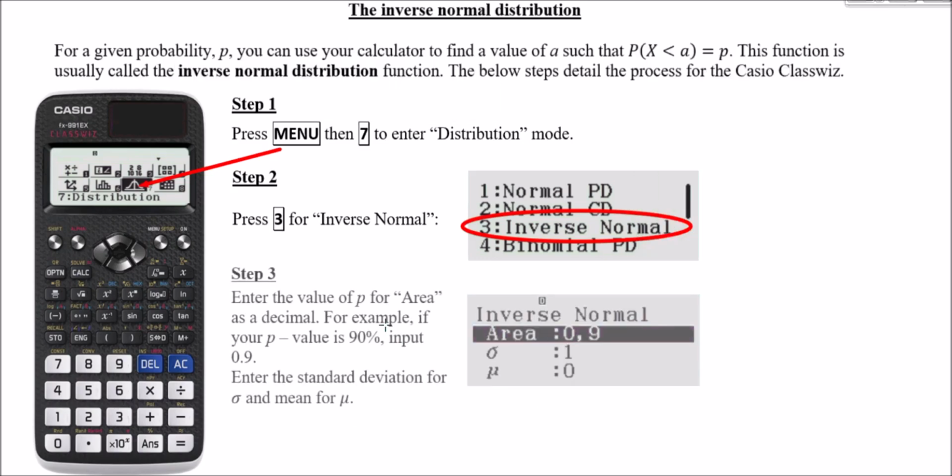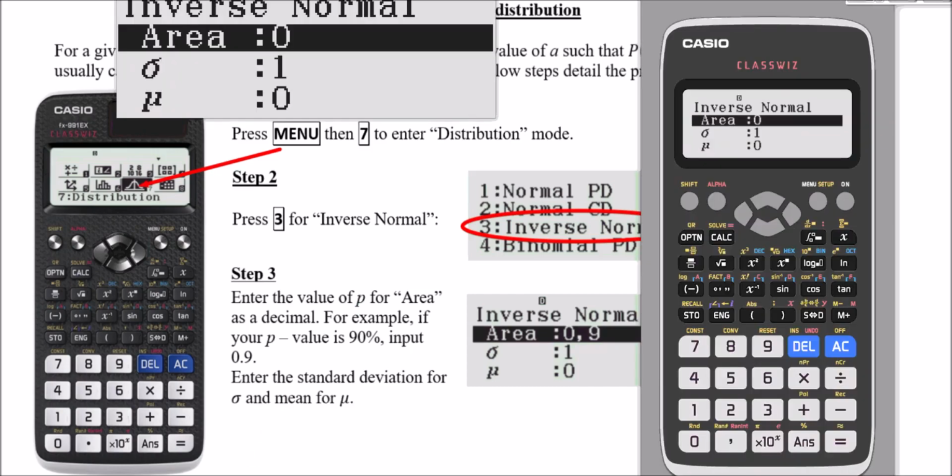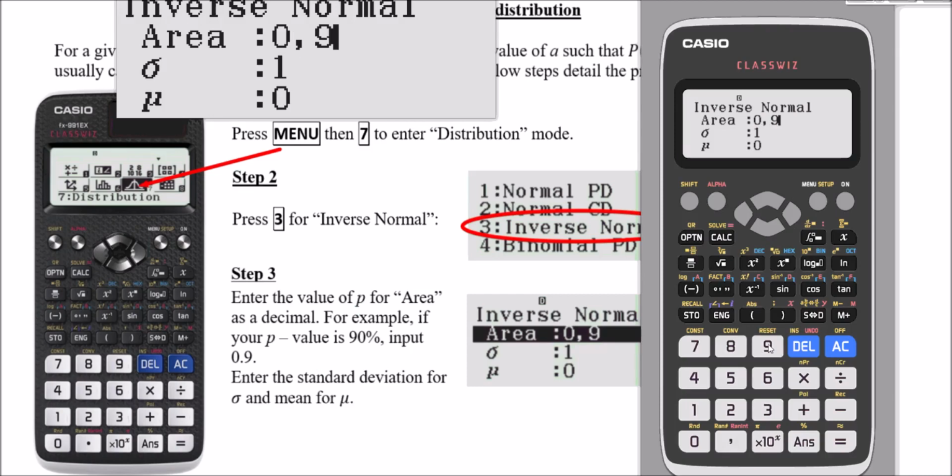Where it says area, you type in the p-value for the area you want as a decimal. So, for example, let's imagine I want to find what value would give me a 90% probability. What I'll do there is enter 0.9. So I'm going to do this here. So 0.9.